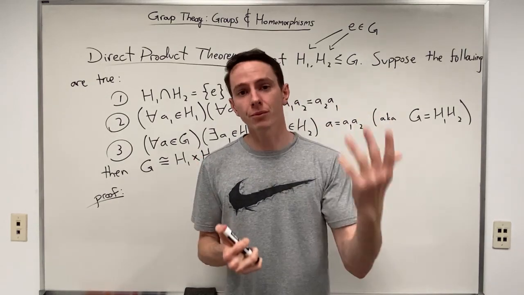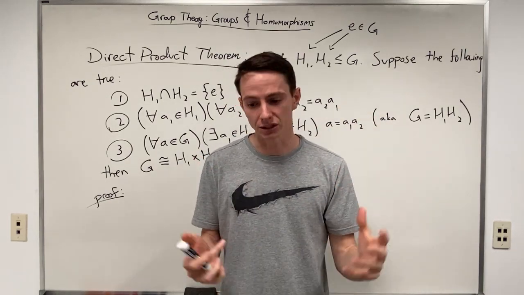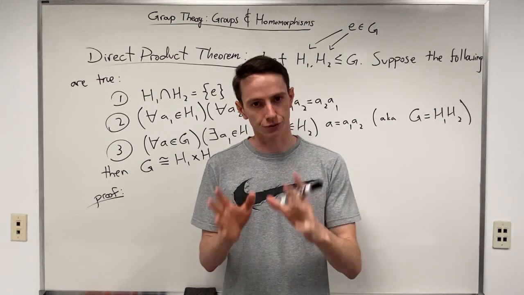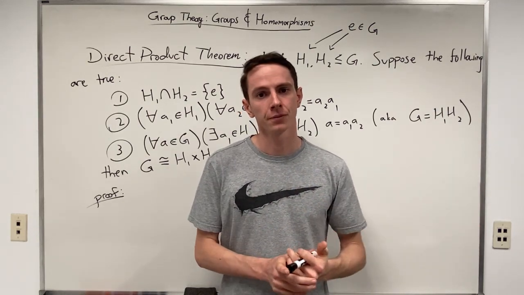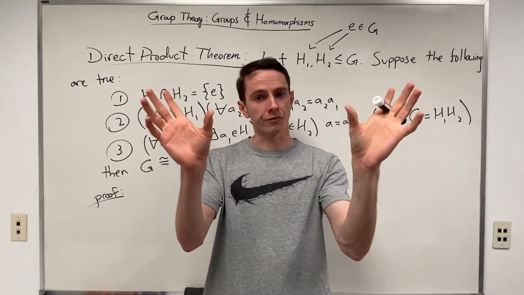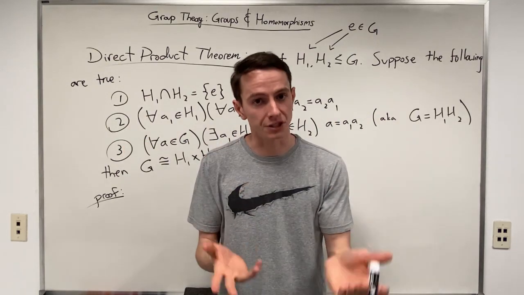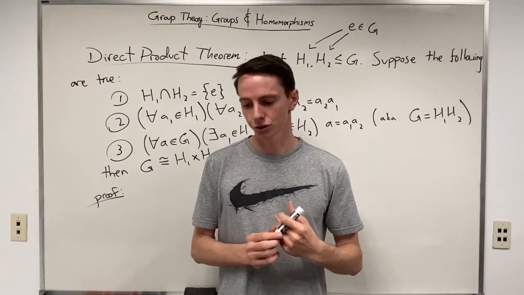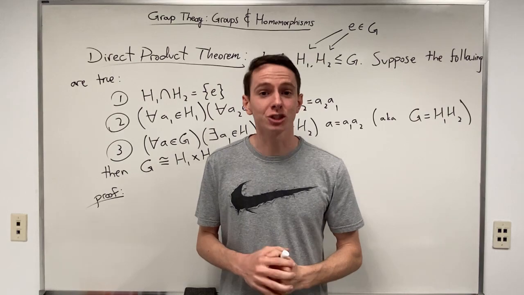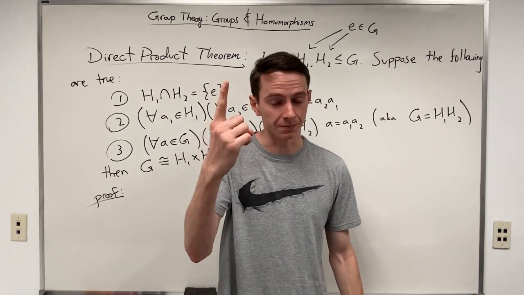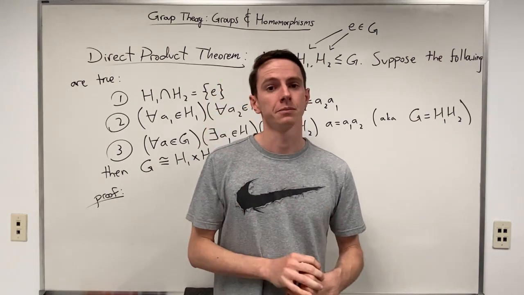But let's also just remember what it means, purely from the definition, for a group to be isomorphic to another group. Two groups are going to be isomorphic if there exists an isomorphism between them. So then what's an isomorphism? Well, an isomorphism is a homomorphism that is bijective.